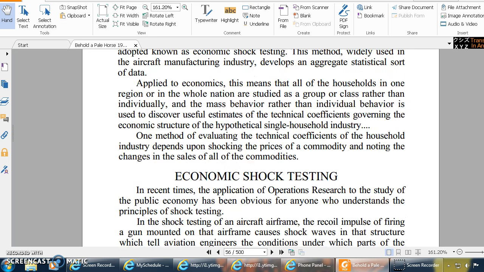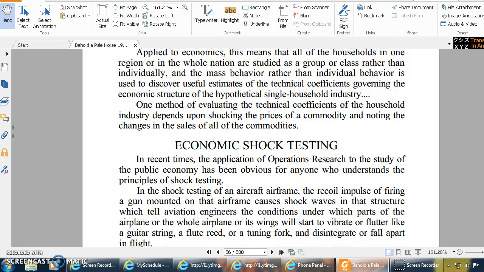Now, economic shock testing. In recent times, the application of operations research to the study of the public economy has been obvious for anyone who understands the principles of shock testing.